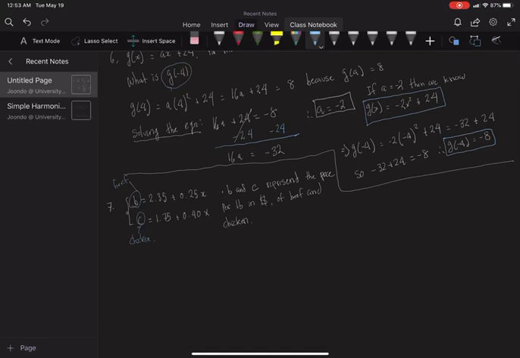X weeks after July 1st during the last summer, what was the price per pound of beef and chicken when it was equal to the price per pound of chicken?